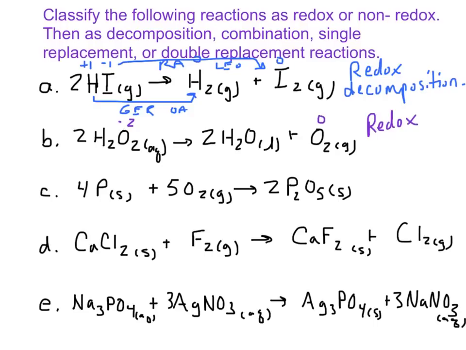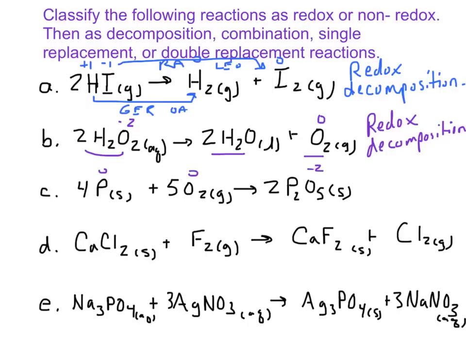The next thing I want to look at is what is happening with the equation. I went from one thing to two things. So because I did that, this is another decomposition. The next one, I've got elements by themselves again, so 0, 0, and then they combine. And that's all I need to know.